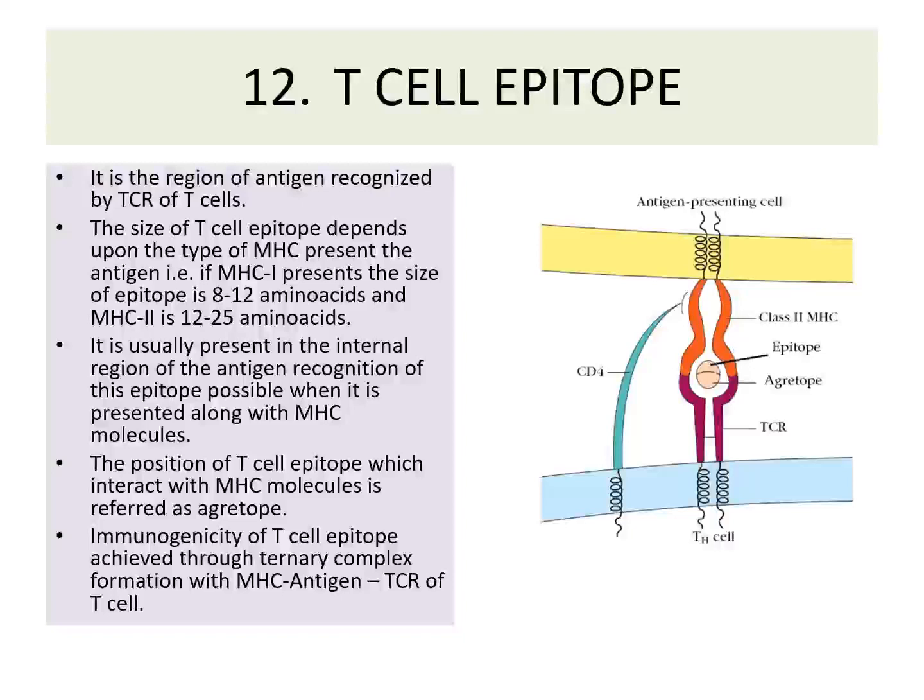So immunogenicity of the T cell epitope is achieved through ternary complex formation with MHC, antigen and TCR of the T cell. This is a very important term, ternary complex. Ternary means three: MHC class 2, peptide antigen and TCR.